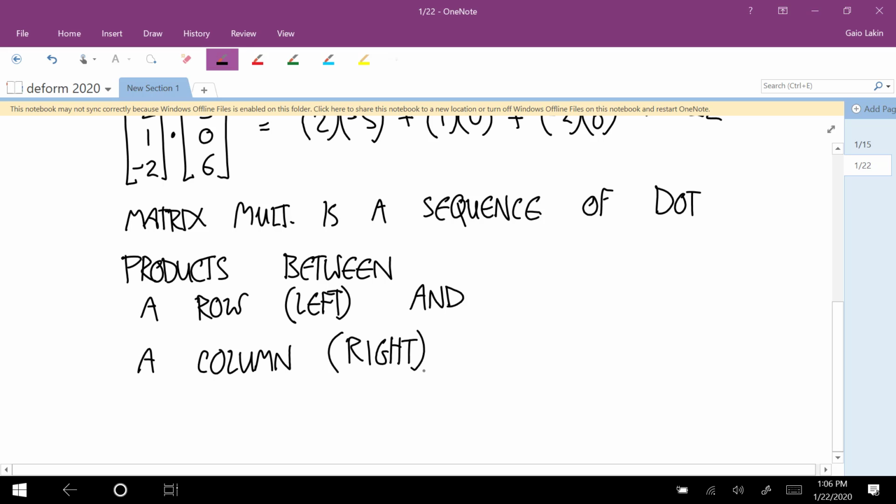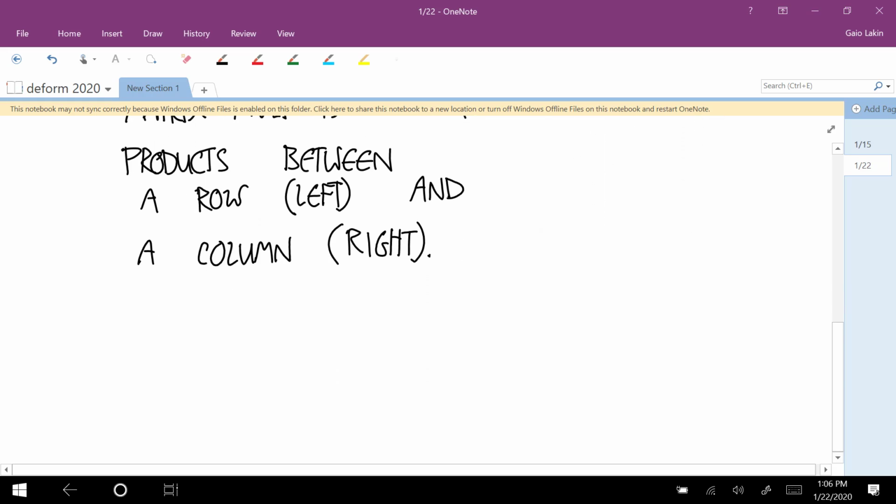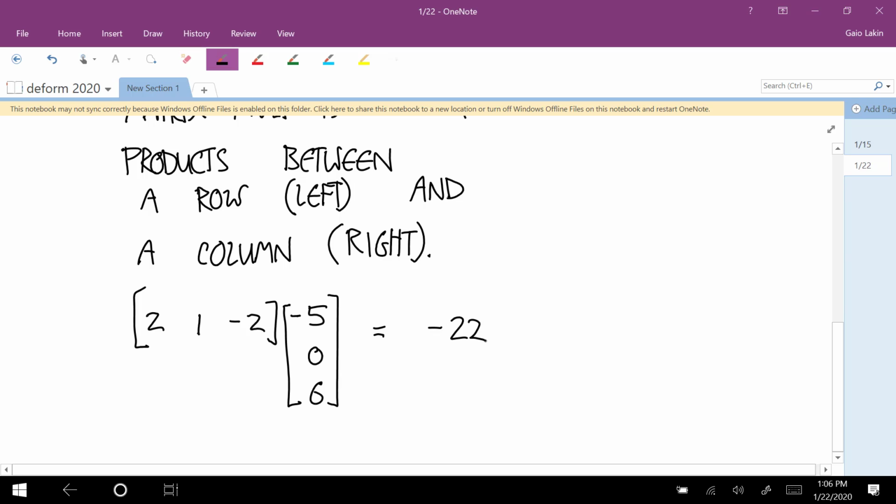And in fact, using matrix notation, you can write this dot product that we just did as a horizontal row matrix, 2, 1, -2, times the column matrix, -5, 0, 6. You're just multiplying those two vectors together, and it comes out to be -22.